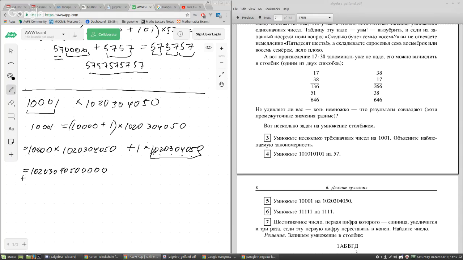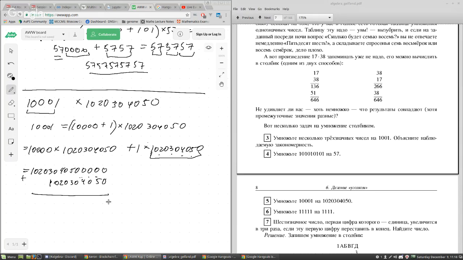Each one of those tens has two digits, a number and a zero, so that's 10 digits. So starting from here, we can write our number: 1, 0, 2, 0, 3, 0, 4, 0, 5, 0. There we go. So now we're going to add.